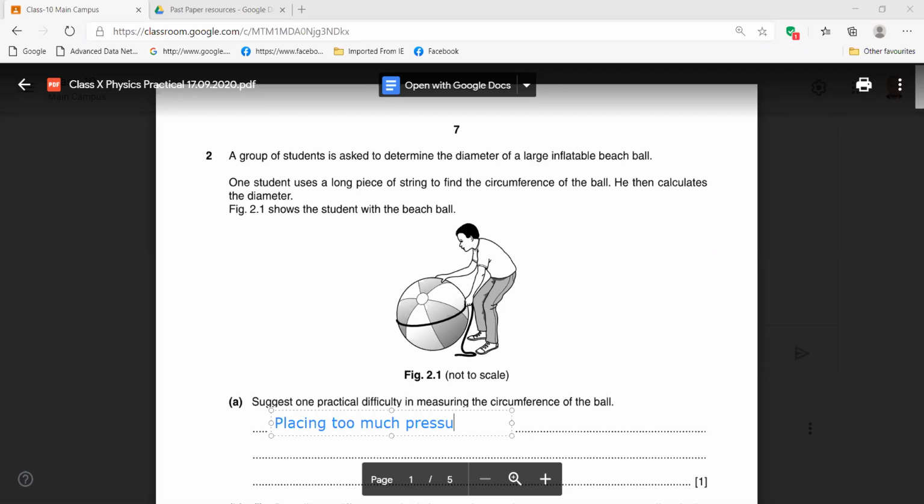Placing too much pressure on the ball, then could cause it to get squashed.